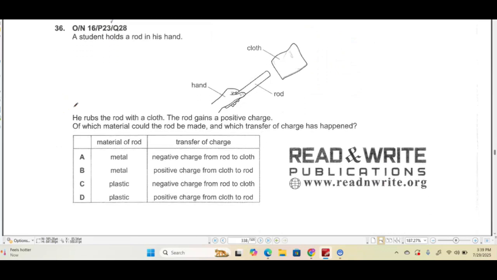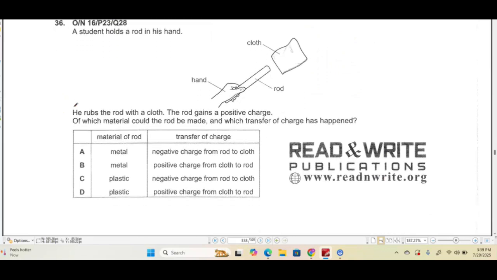A student holds a rod in his hand. He rubs the rod with the cloth. The rod gains a positive charge. Of which material could the rod be made, and which transfer of charge has happened? The rod has become positively charged, so obviously the cloth has become negatively charged.